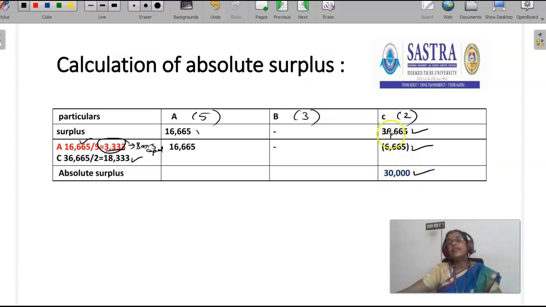From 36,665, if we deduct 6,665, he paid 30,000 rupees more than A. So the absolute surplus is C's capital to the extent of 30,000 rupees.